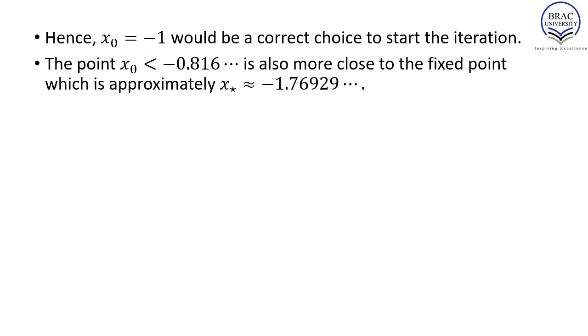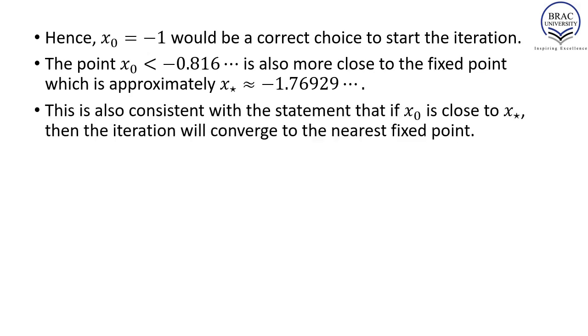So our iteration point, minus 1, is in between the actual root and the turning point. When you draw the tangent, it will not cross the turning point, so we don't fall into an infinite loop. It is closer to the fixed point, and after a sufficient number of iterations, it will converge to minus 1.7692. That is our actual root value.